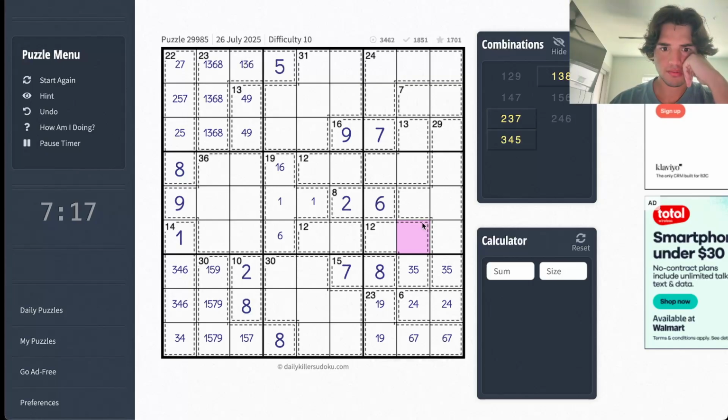What else do we have? 3, 5. Oh wait, that can't have a 1 in it.